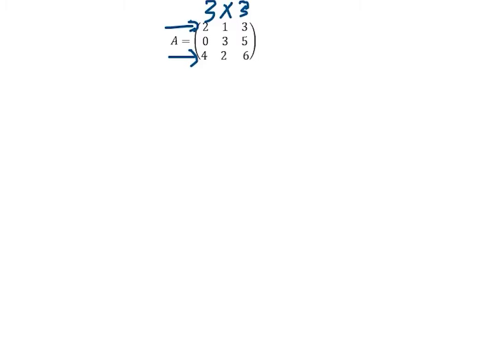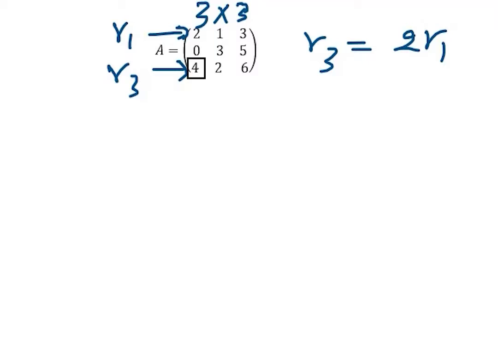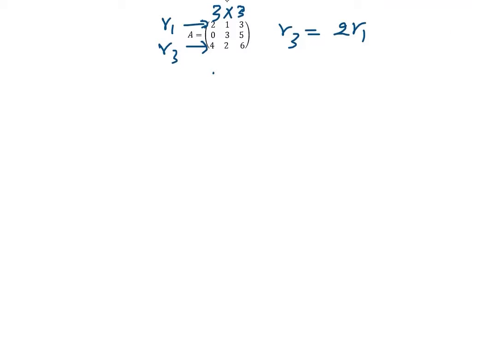So R3, and this is R1, so R3 is equal to 2 times R1, because 4 here is equal to 2 times 2, and 2 is equal to 2 times 1, and 6 is equal to 3 times 2. So they are proportional, and that means that the determinant of A is equal to 0.